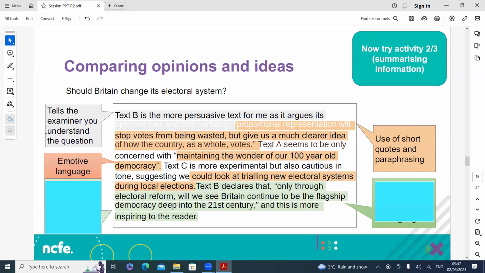So that's another feature that you could mention. And at the end of this answer, they have referred back to text B. So they have shown cohesion in their answer by underlining what they said initially, that text B was the most persuasive text.